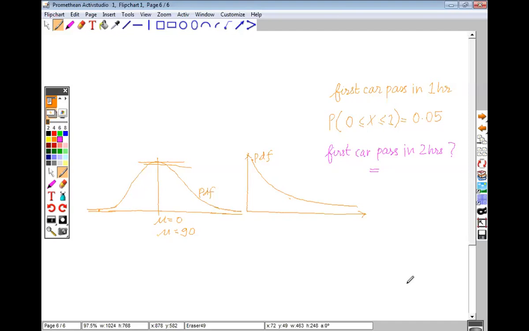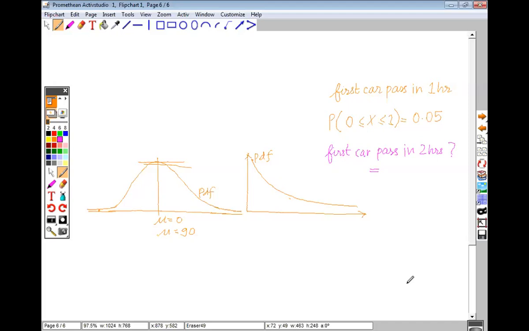Will it be the square of 0.05? And why? Because the probability of it passing in 1 hour is 0.05 and we are considering 2 hours. So 1 hour and 2 hour, right? So should we multiply it? Isha, you are on the right track, but you're not exactly there. You have taken a divergence somewhere. Think about it. You are thinking in the right direction.